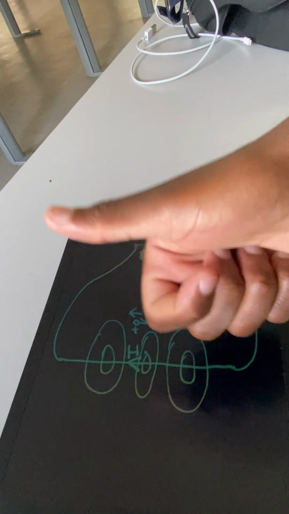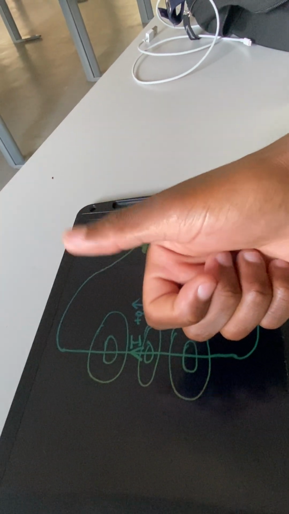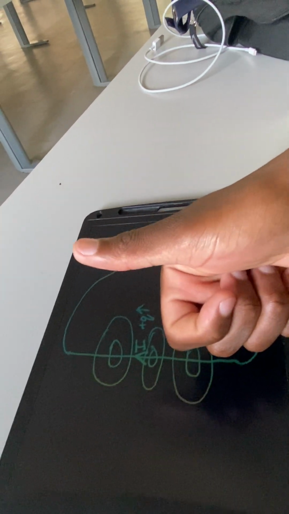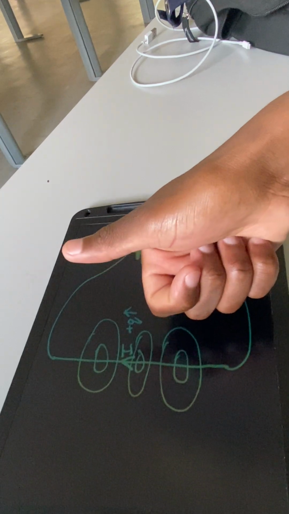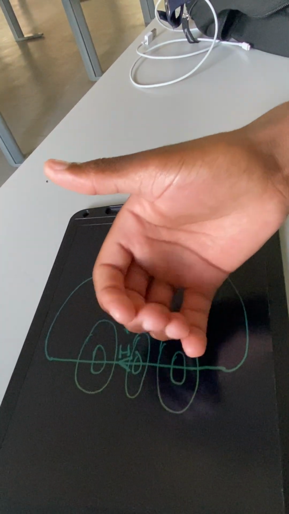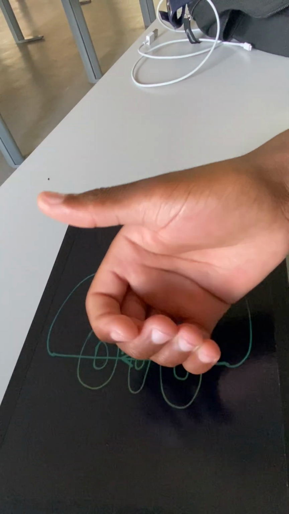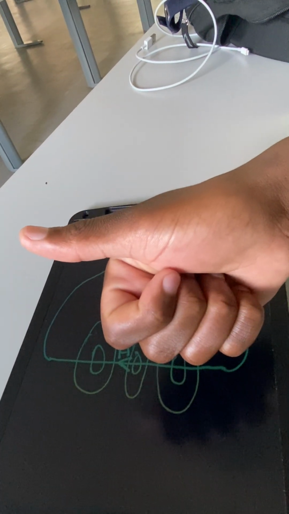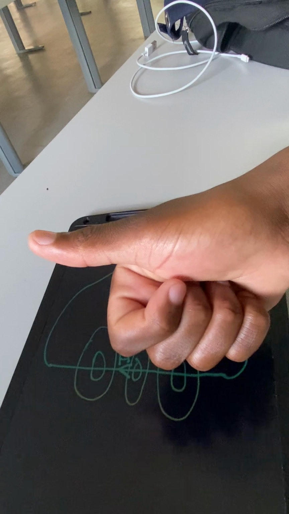With your right hand, your thumb represents the direction of the current, and the other fingers represent the direction of the magnetic field lines around the current carrying conductor.